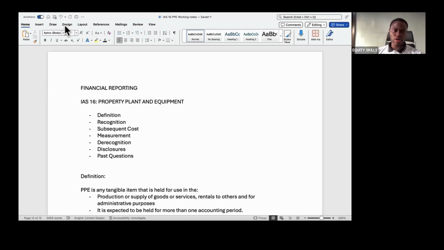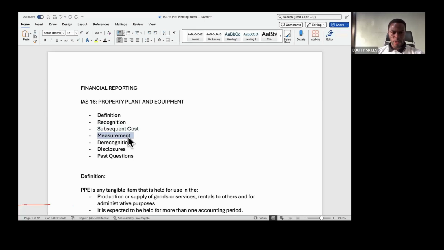Today, we are going to be moving forward on IAS 16. If possible, round it up if we can. That's the objective today. So far, for this class, from what I can see here on PPE, we have looked at definitions, recognition, subsequent cost, and measurement.